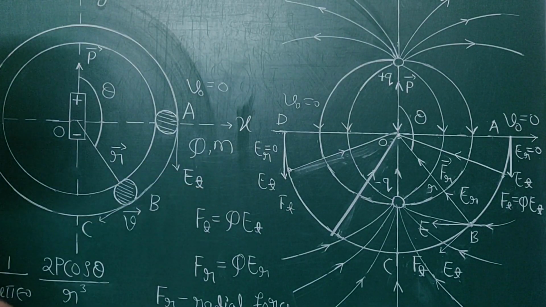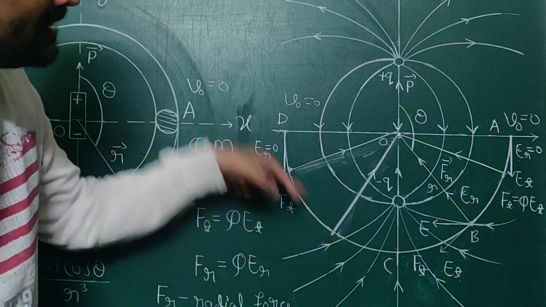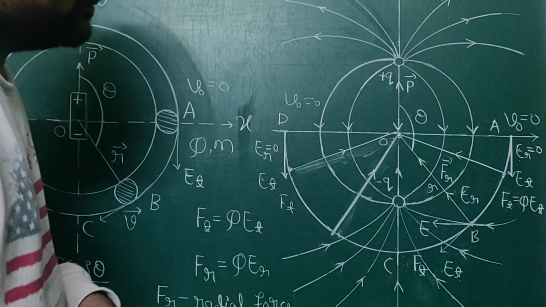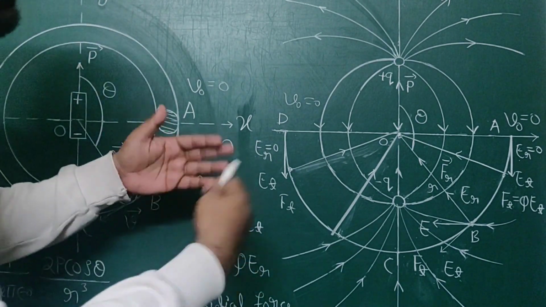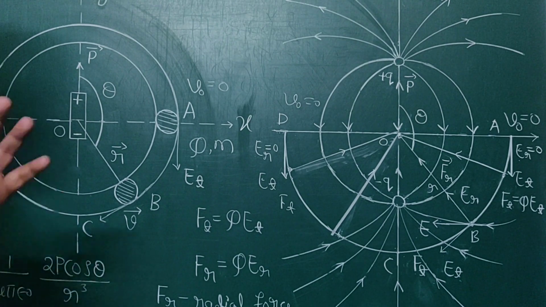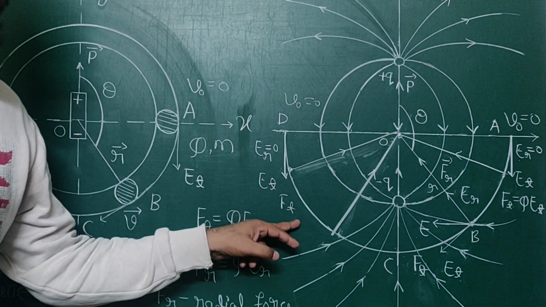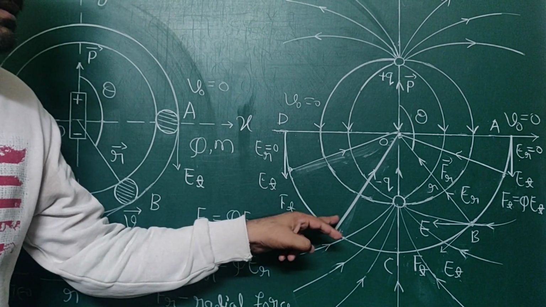So in this situation, the ring need not exert any force on the bead to make the bead move, because the entire centripetal force is provided by the electric field of the dipole. So for that reason, the ring will not exert any normal force on the bead.